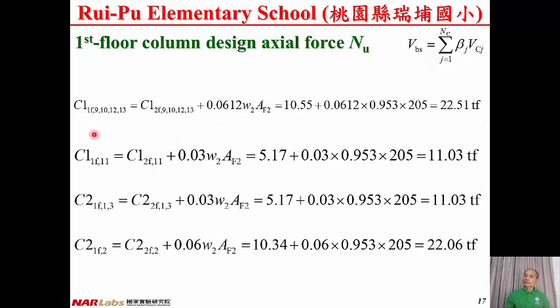For number 9, 10, 12, and 13, the design actual force is 22.51 ton-force. For number 11, the design actual force is 11.03 ton-force. For the columns of partition walls, number 1 and 3, it is 11.03 ton-force. For number 2, the design actual force is 22.06 ton-force.